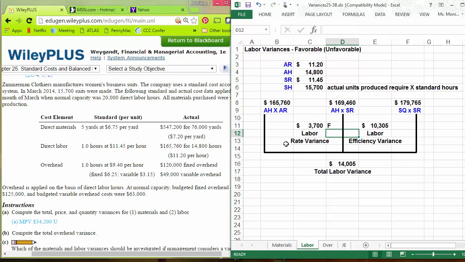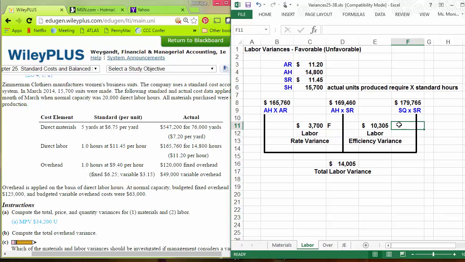The reason why it's favorable, again, is we actually spent less than what we were expecting. So we spent $165,760, and we were expecting to spend, for making 15,700 suits, we were expecting to spend $169,460 in direct labor. So we saved a bit, so we are in a good standing, and that's favorable to us.